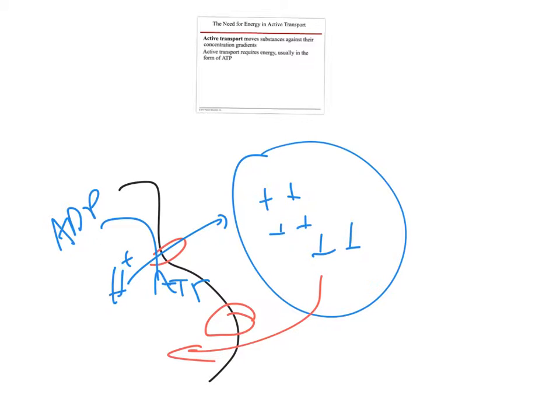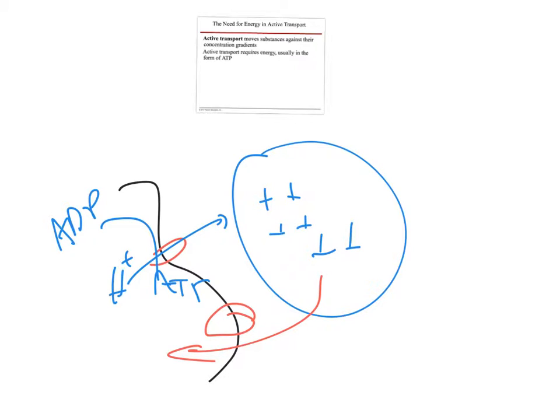So we have primary, and this is secondary active transport. Yes? So is it because we did use ATP at one point, but just not directly? Right, so this is secondary active transport because ATP was used at some point to produce this concentration gradient. And then we use that.